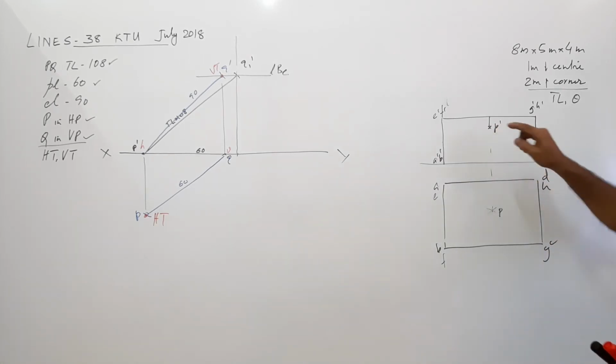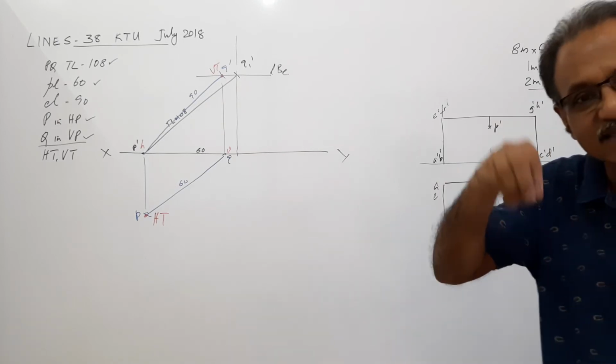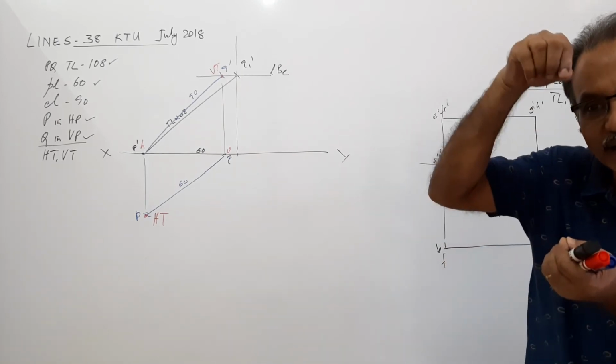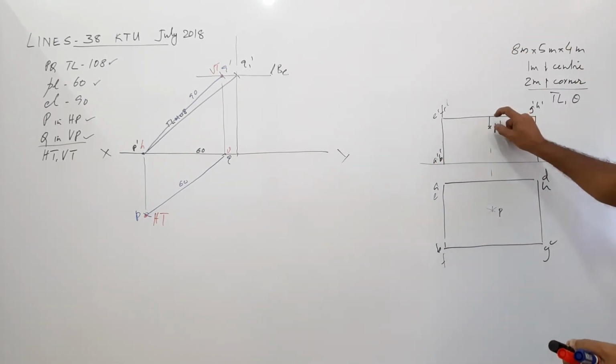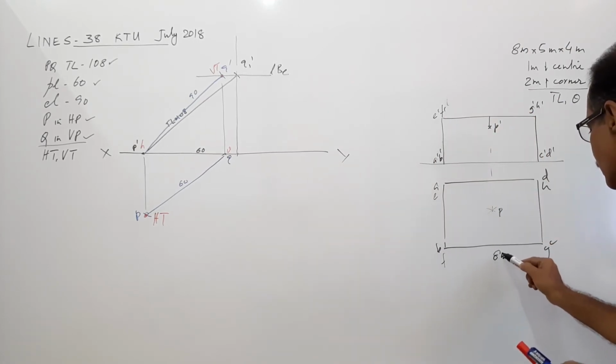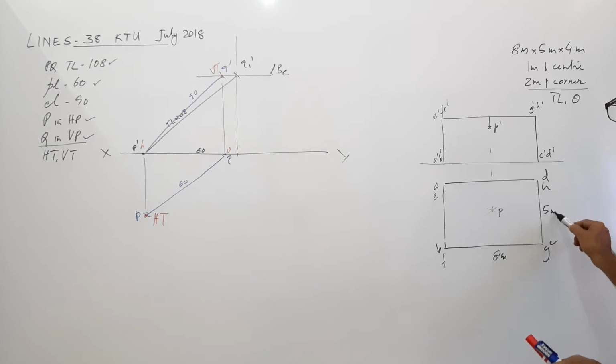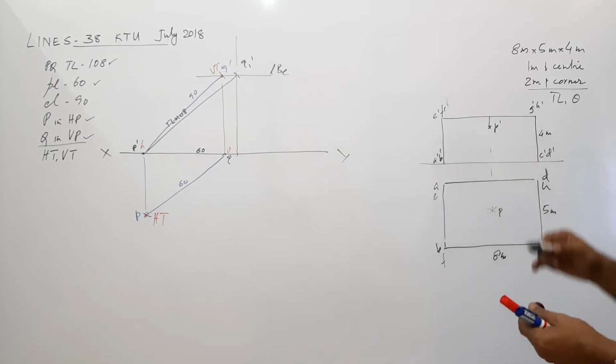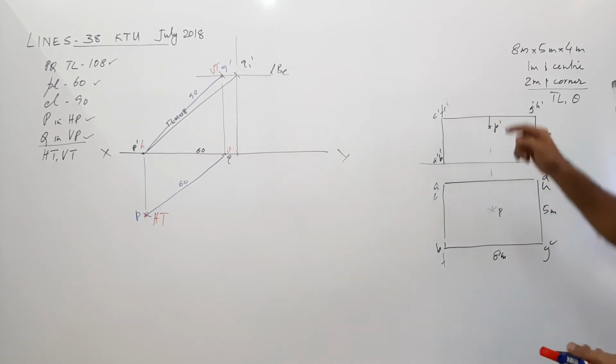So P dash is the point where the light is situated, 1 meter down the roof. This is 8 meters, this is 5 meters, and this is 4 meters. Agreed. And this is 1 meter down the roof.